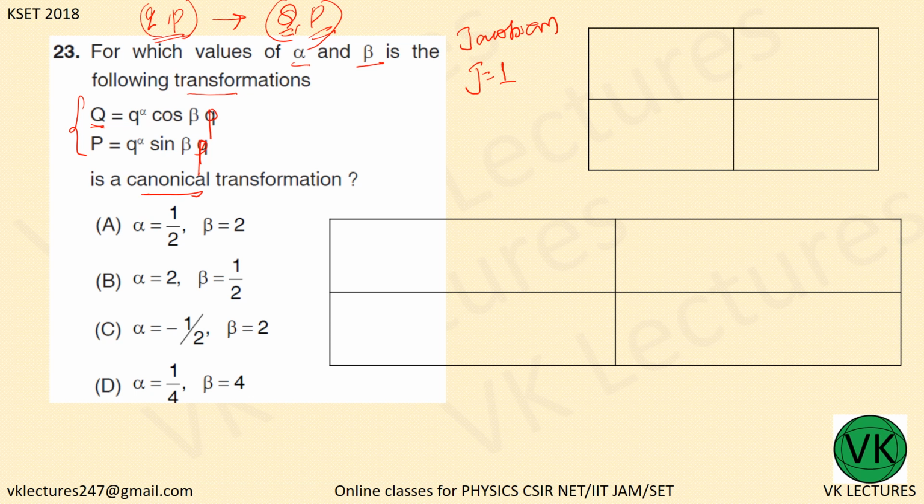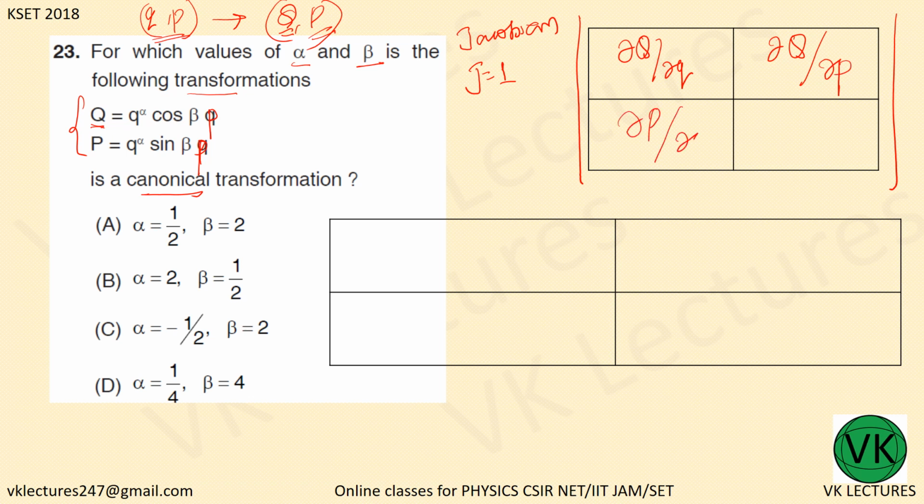Now what do you mean by Jacobian? Jacobian is nothing but the determinant of dou capital Q by dou small q, dou capital Q by dou small p, dou capital P by dou q, and dou capital P by dou p. Now, what is dou capital Q by dou q?